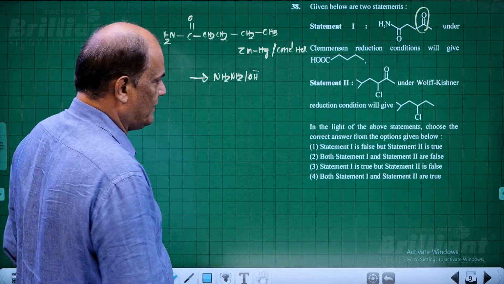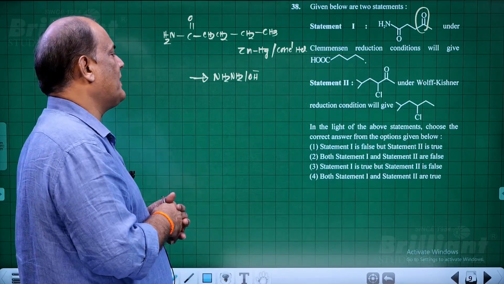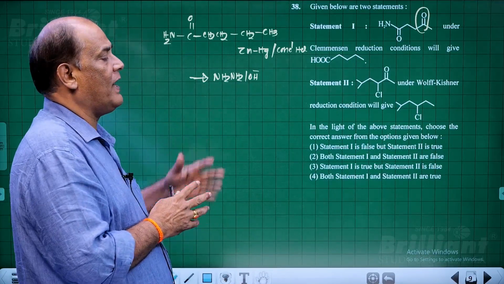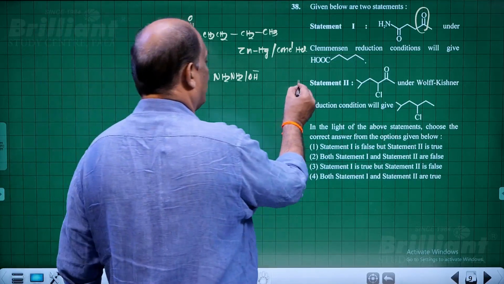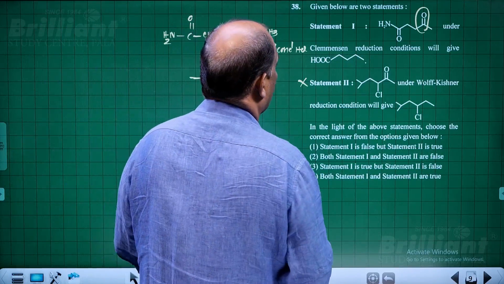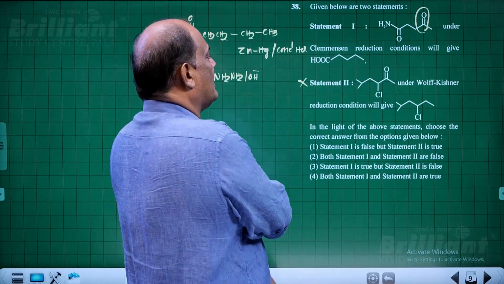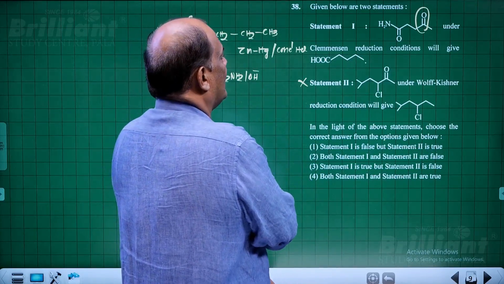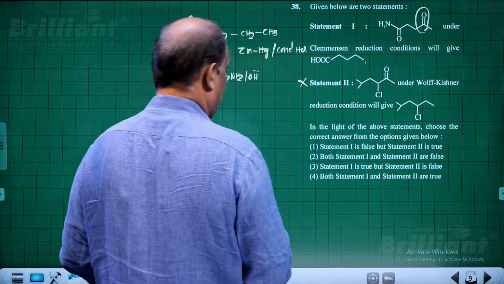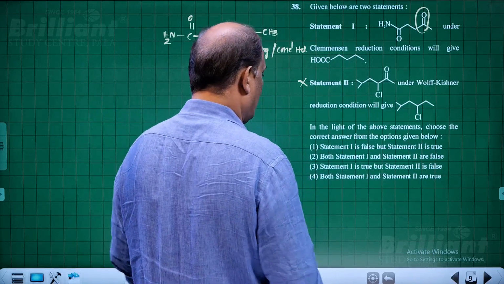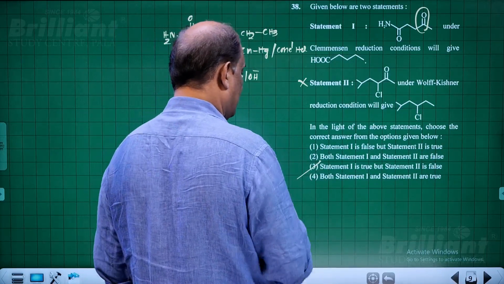Generally whenever a base is there, it undergoes dehydrohalogenation, so this is the wrong statement. Clemmensen reduction is zinc amalgam with concentrated HCl, because that is acidic. Even if you take hydrolysis, this is okay. So statement 1 is true, but statement 2 is false.